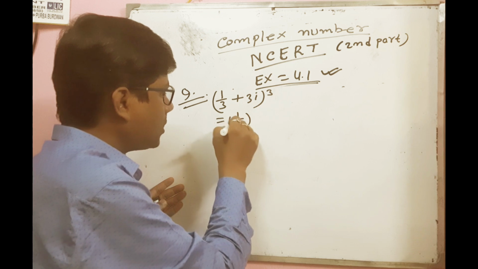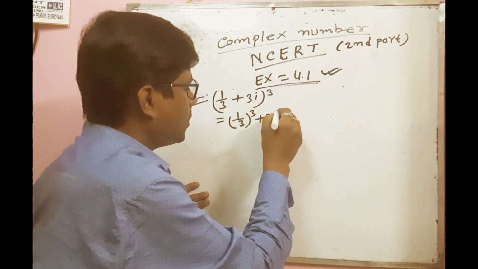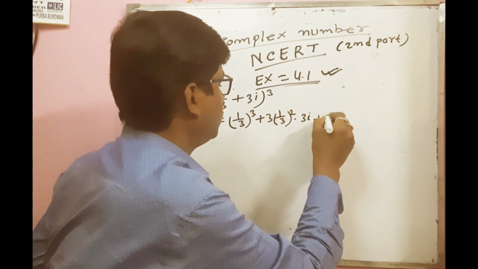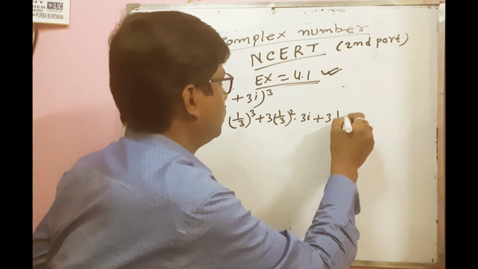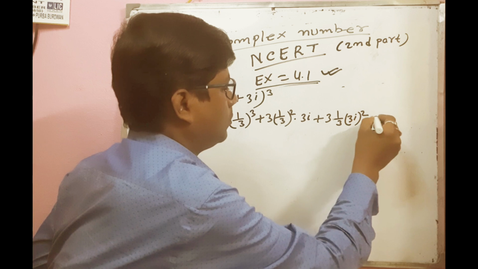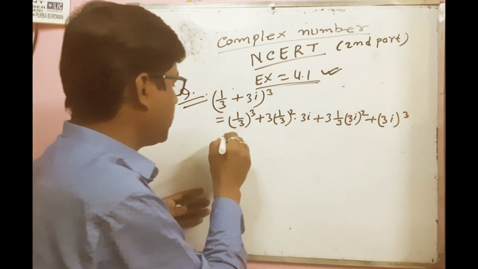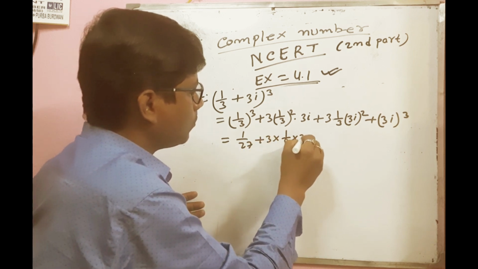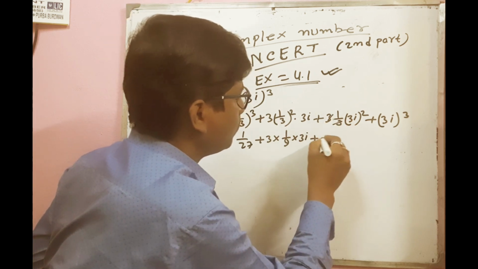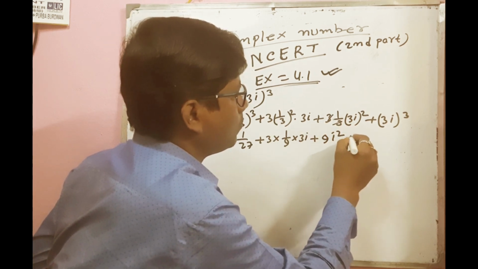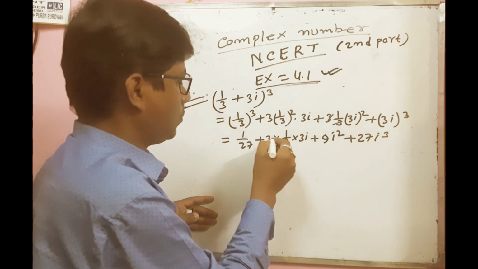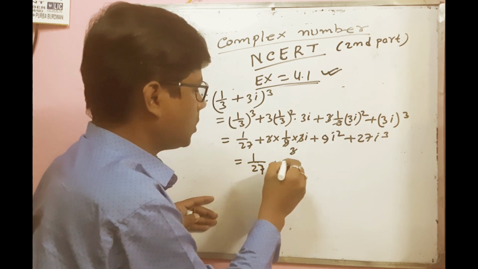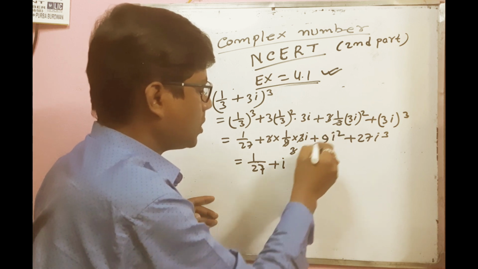Now putting the standard formula, we get, now calculating, we get, after calculating, we get this i is there, and i square is equal to minus 1.